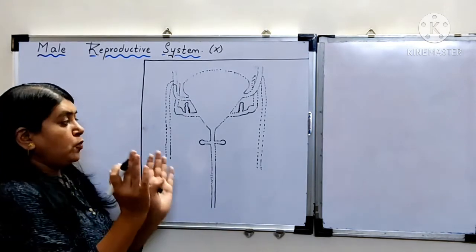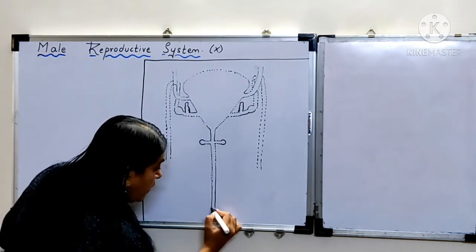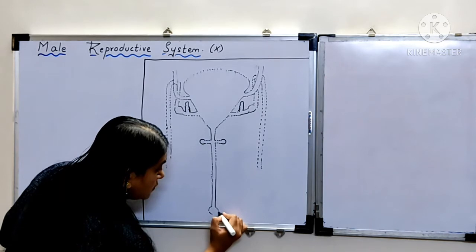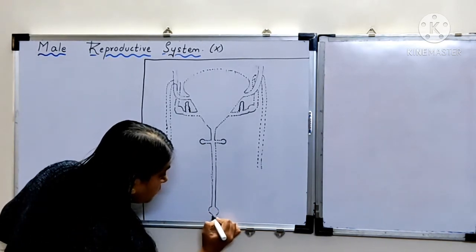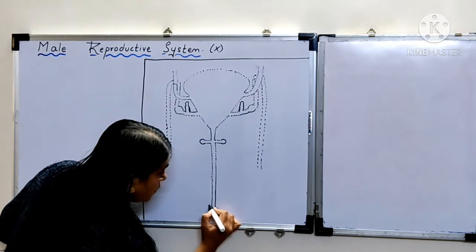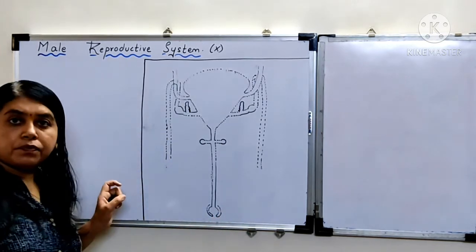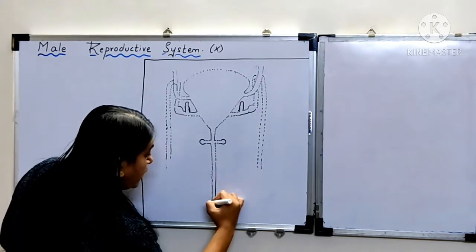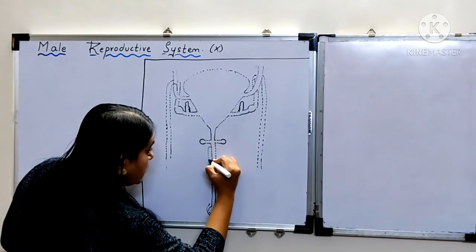Okay, see the proportionality of the diagram, it's very important. Now make a C-shaped structure like this way. Like this. C-shaped structure. Okay, an inverted cup-like structure you can make and continue these two lines up till here.